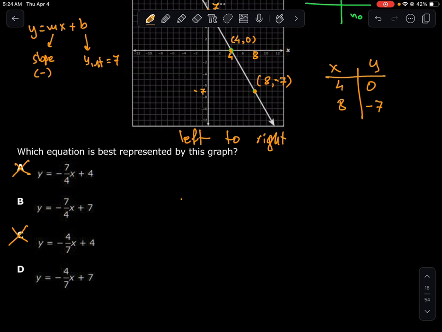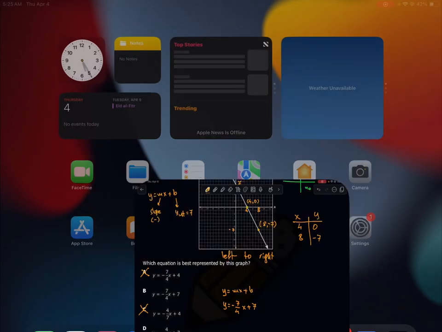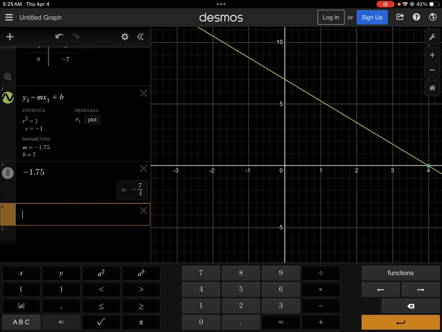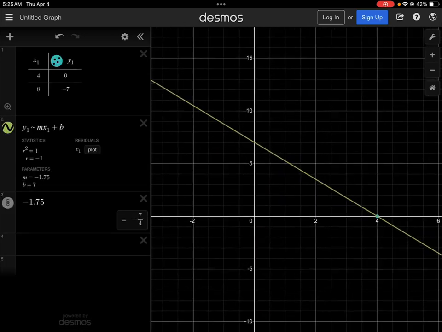Okay, what's the equation now? Let's write it, y equals mx plus b, but m was equal to negative 7/4, x plus 7. Let me double check here. I can put the equation down now just to make sure, even though the graph is already there.